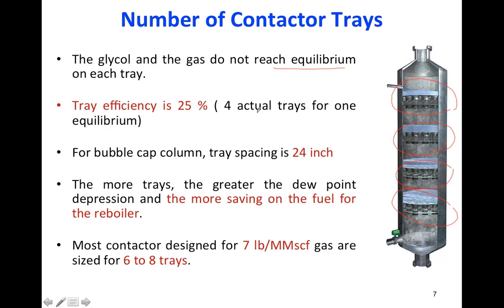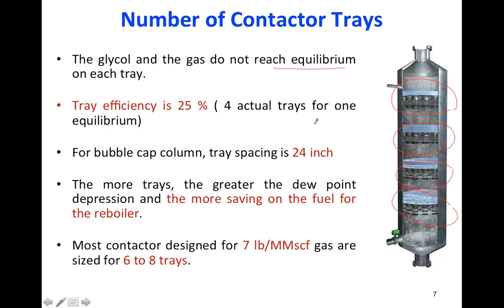As I said, we will use the McCabe curve, or if you see in Unit 6, we are using equilibrium line and operating line. Then we will talk about equilibrium stage, but none of these stages can reach equilibrium.